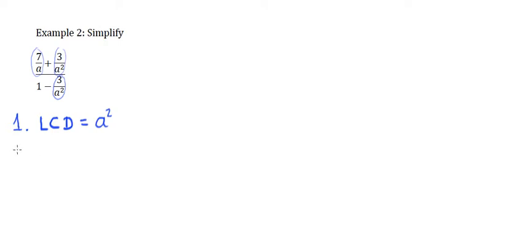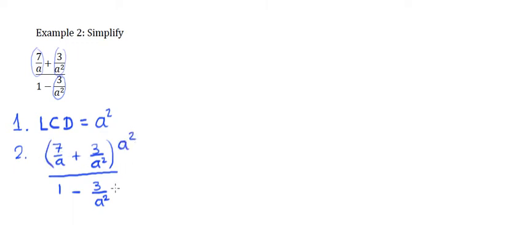Step number 2, we're supposed to multiply numerator and denominator of the big fraction by the LCD that we found in step 1, right? So this times the LCD, this times the LCD. So now we're going to use the distributive property.